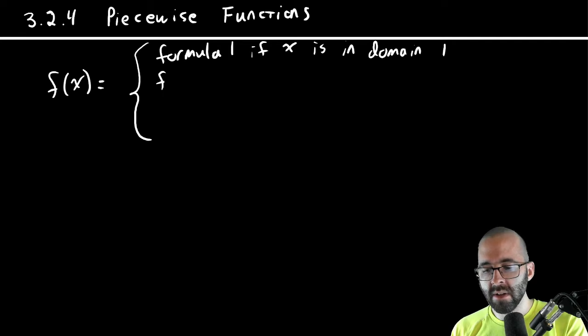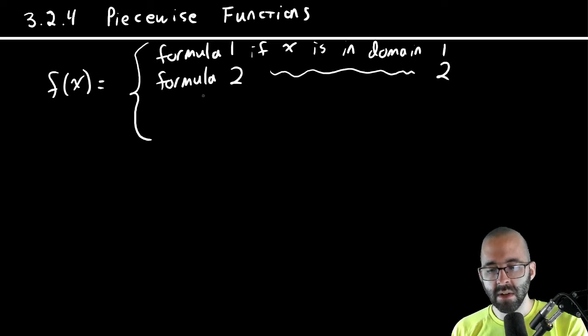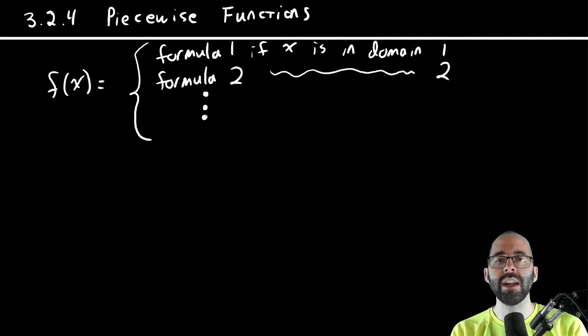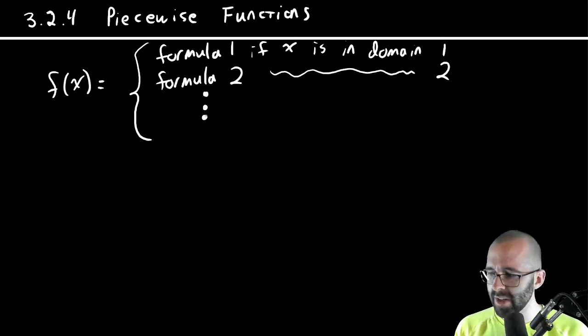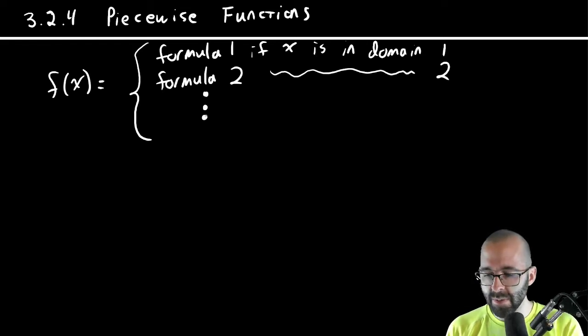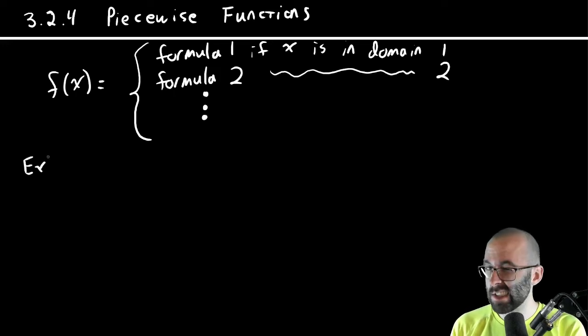And then maybe we use another formula, which is written right below it, if x is in domain 2. And this can continue on for as many as we want. You can literally have an infinite number of formulas in your piecewise functions. So that's the abstract definition, but let's actually look at something and piece things together.